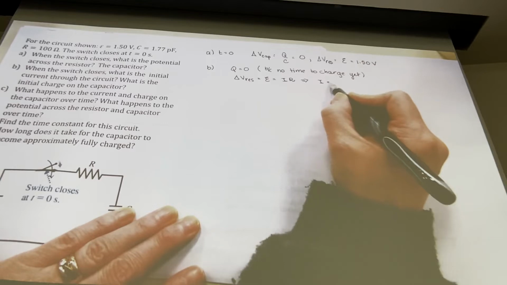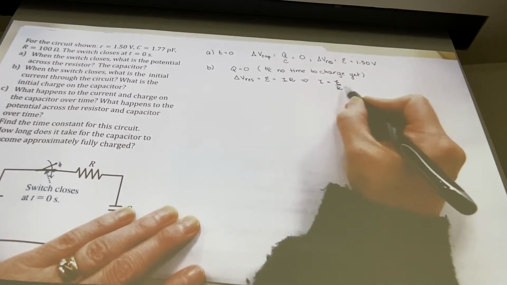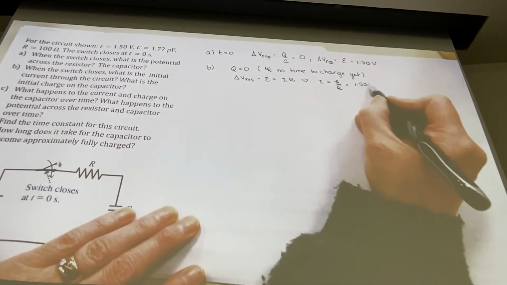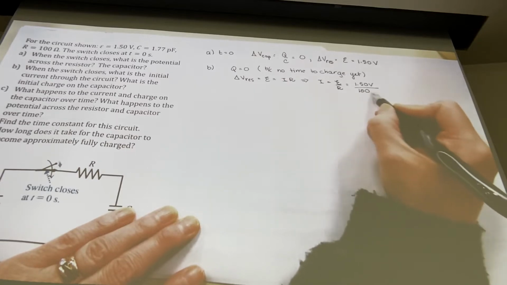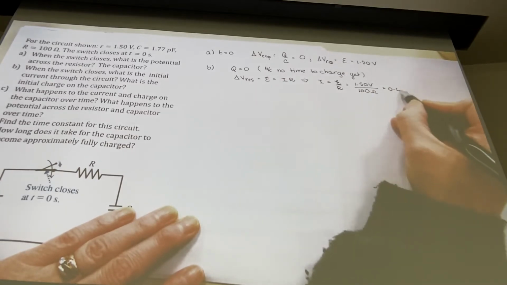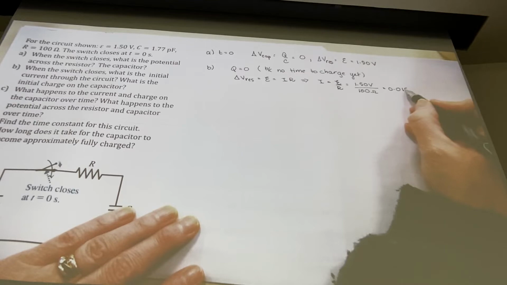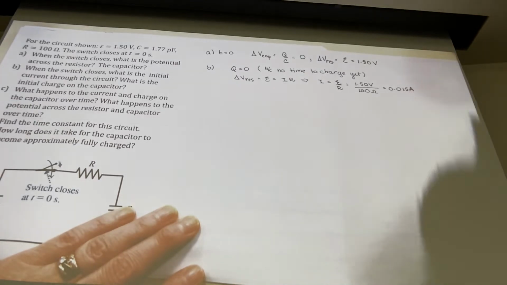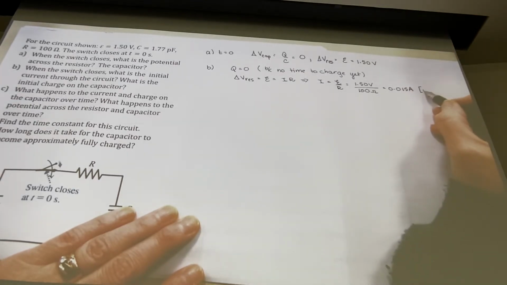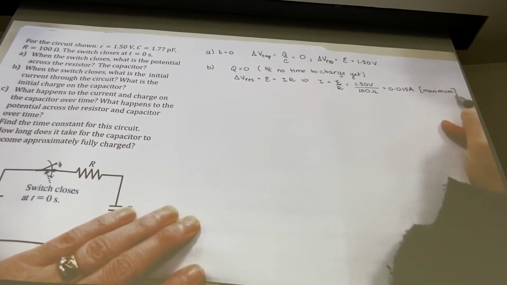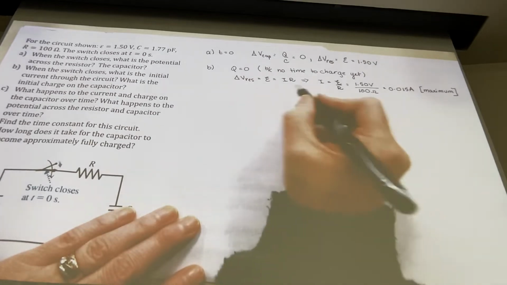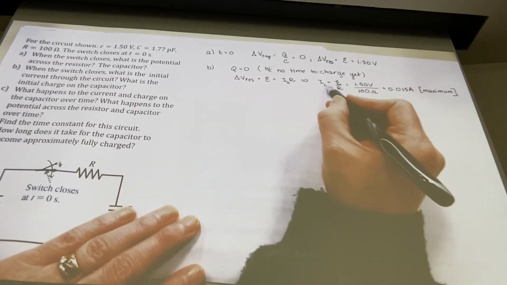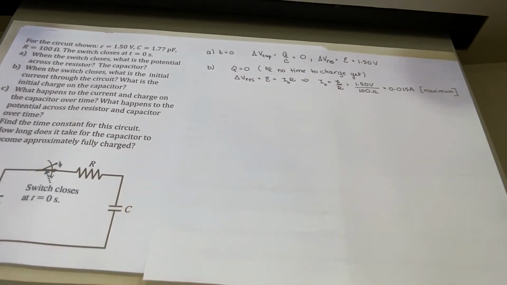So the current through the resistor is the potential divided by the resistance, 1.5 volts divided by 100 ohms, equals 0.015 amps. This is the maximum current, because this dies off over time. If that's the maximum current, then we can come back and put I zeros on here if we wish. You don't necessarily have to do that, but it might help you keep things straight.